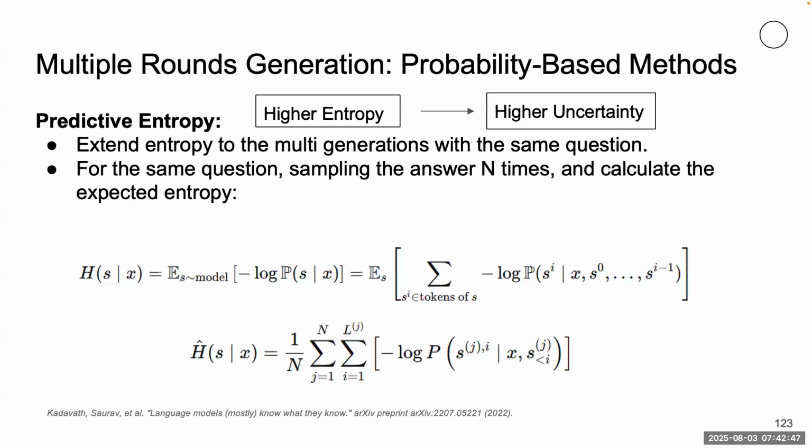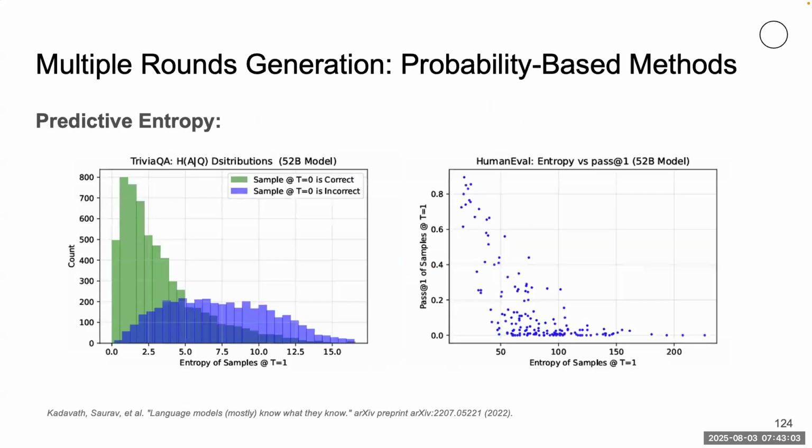For each sample, you can calculate the sentence probability through the joint distribution of words, right? And then you calculate the expectation over all the multiple generations you get, right? And this is what people call predictive entropy.